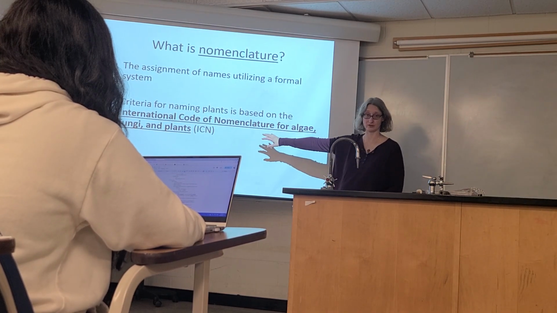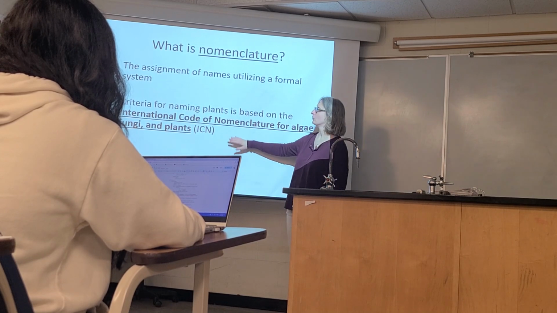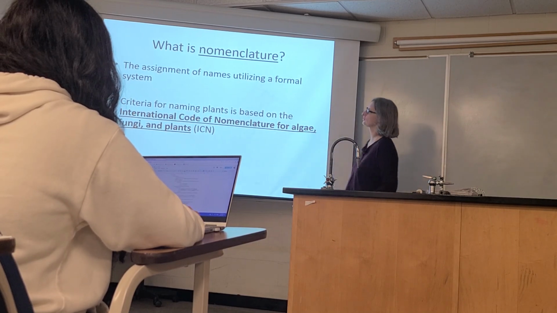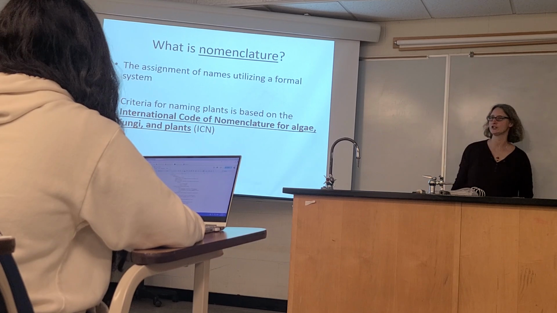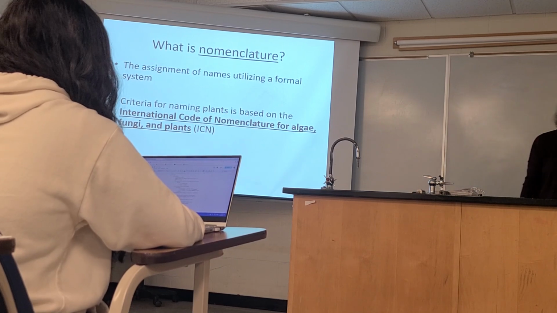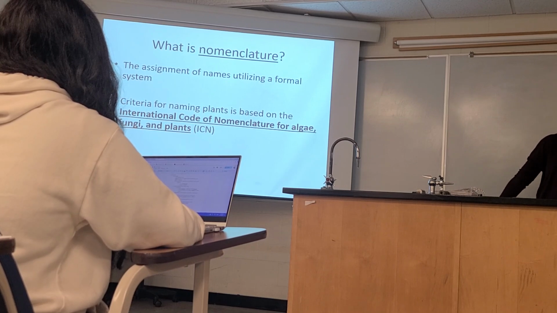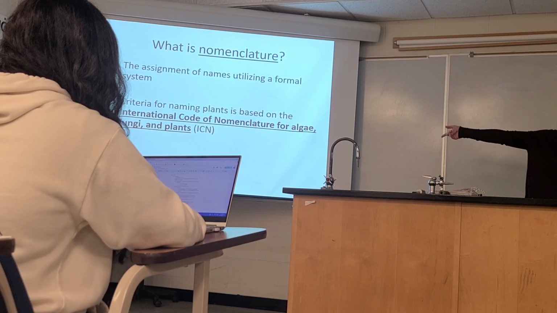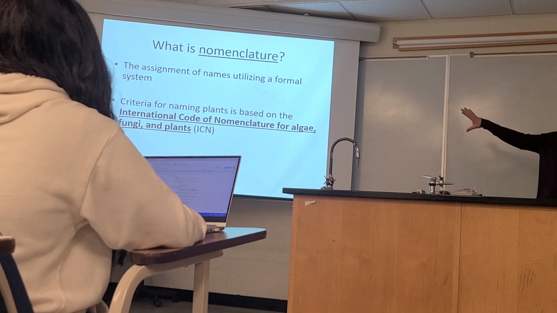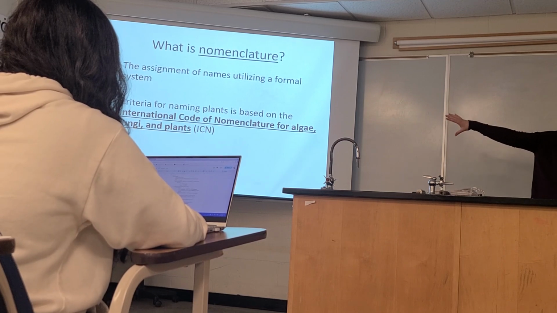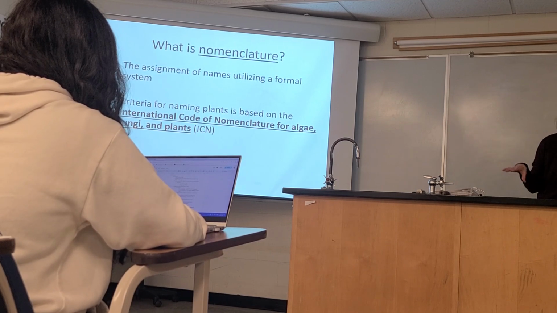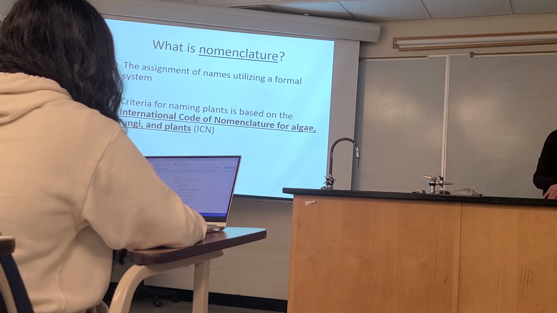Specifically for plants, land plants, what this class is about, we use a system called the International Code of Nomenclature for Algae, Fungi, and Plants, the ICN. You know what the initials stand for. I know it's an awfully long name, and unfortunately they changed it just a few years back to make it longer to this. Okay? But it's important to know what it is, because if you look up the name and learn the name, you already automatically know what organisms apply to it. Okay?